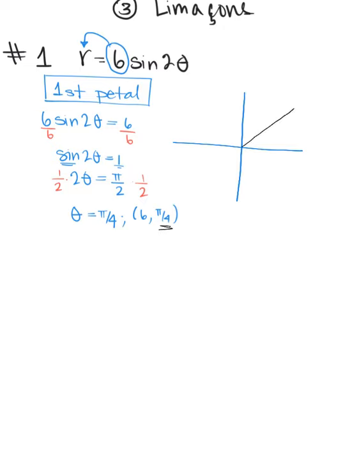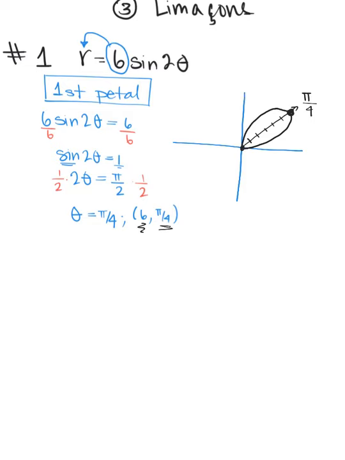So we'll call this pi over 4. Then I have a radius of 6. So instead of drawing circles, I'm just going to count out 6 units along pi over 4 and put my dot. If I didn't have the concentric circle graph paper, that's how I would do it. Then I would create that teardrop, and there's the first petal.